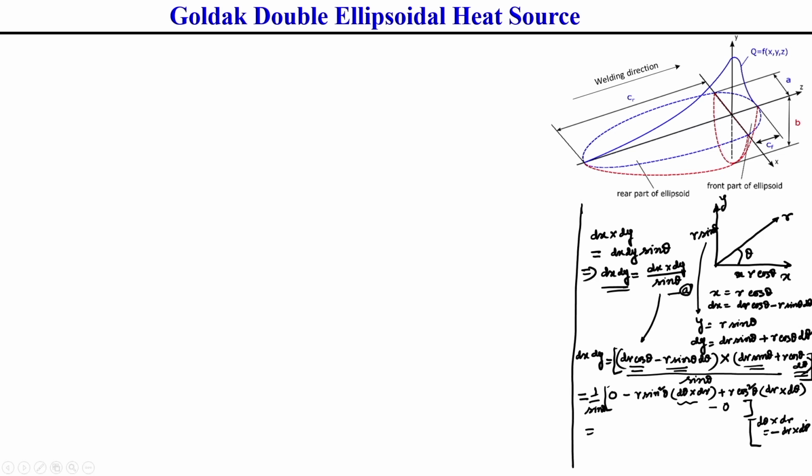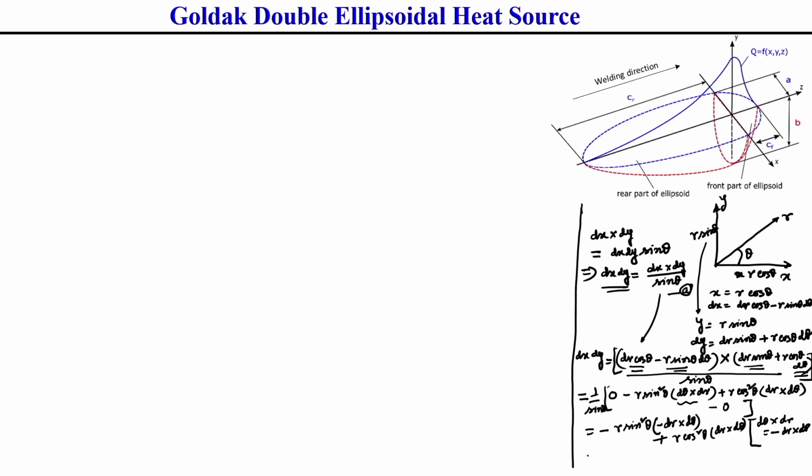Once we do this, we get r sin square theta minus minus dr cross d theta, so minus minus is plus, and plus r cos square theta dr cross d theta.